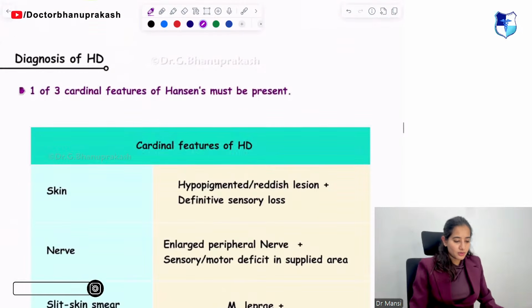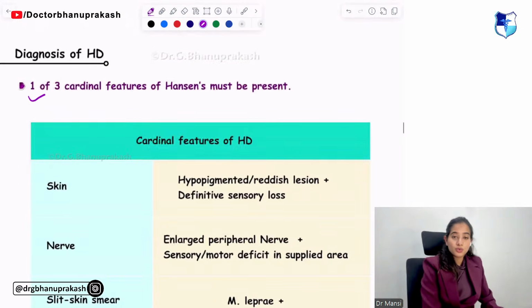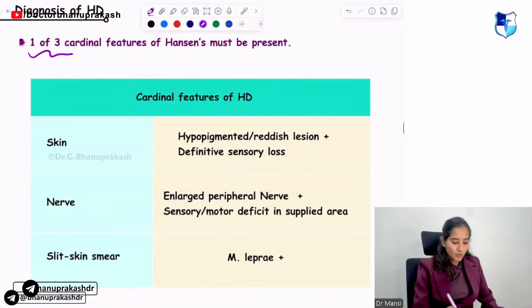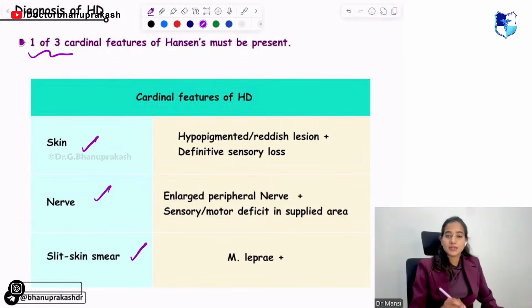Now the diagnosis of Hansen's disease: you need to look for one out of these three cardinal features. Out of the skin, the nerve and the slit skin smear, at least one should be present to make a diagnosis. The first is a hypopigmented or reddish lesion.